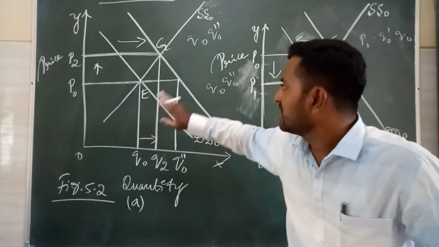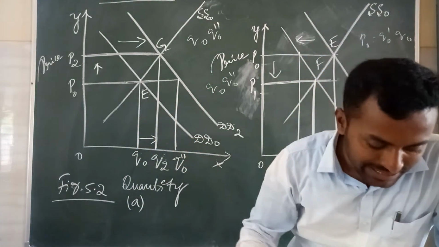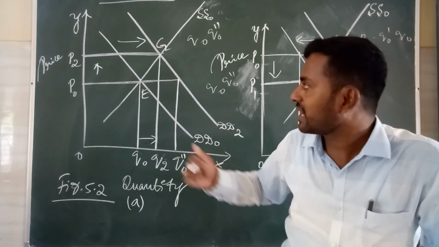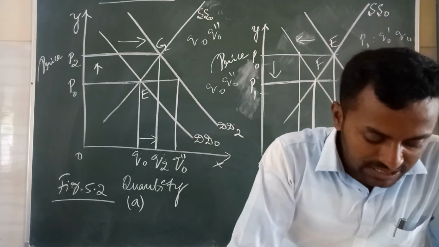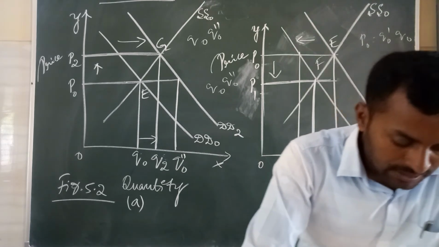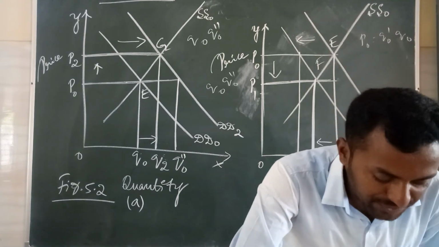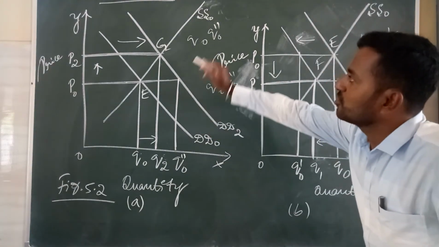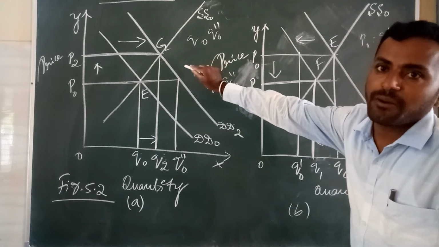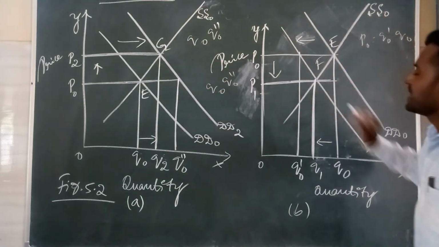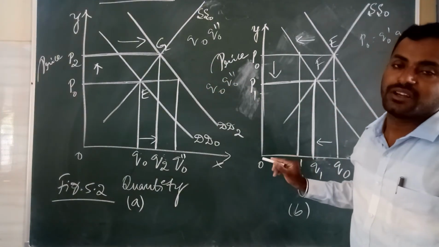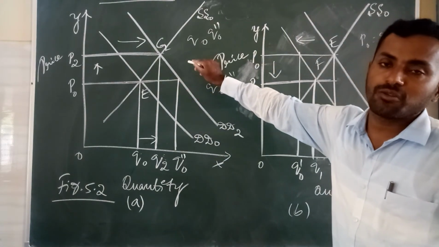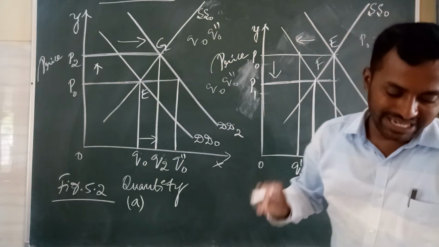Here the demand curve shifts rightwards in panel A, and the new equilibrium point is G, as shown in panel A. Due to the leftward shift in panel B, the new equilibrium point is F. Here the demand curve shifts rightward, with new equilibrium point G, and here the demand curve shifts leftward, with new equilibrium point F.